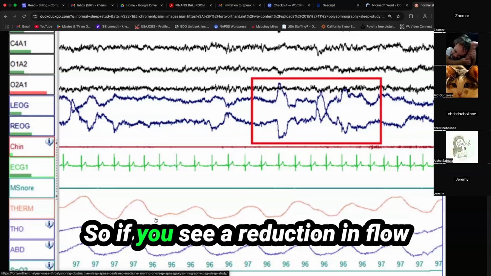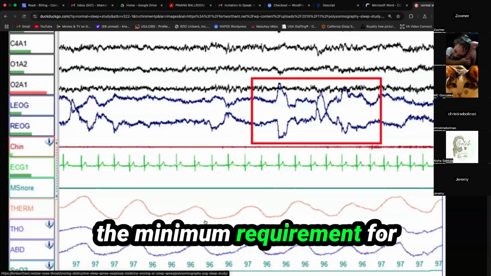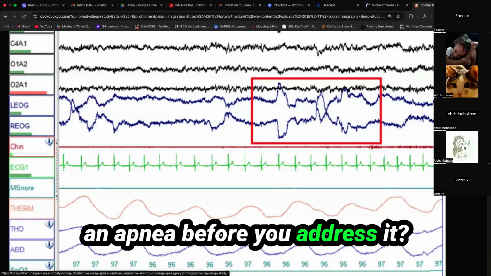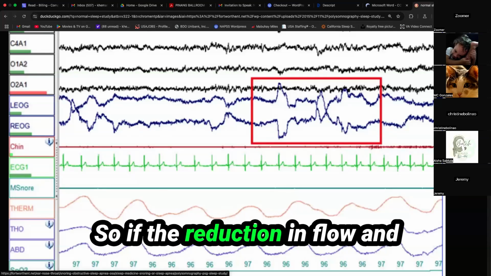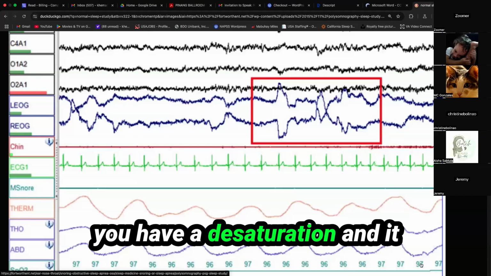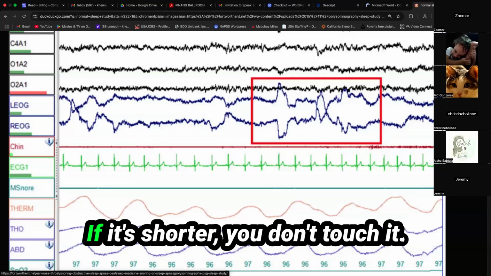So if you see a reduction in flow, how long does it last? What's the minimum requirement for an apnea before you address it? 10 seconds. So if there's a reduction in flow and a desaturation and it lasts 10 seconds or longer, okay? If it's shorter, you don't touch it.